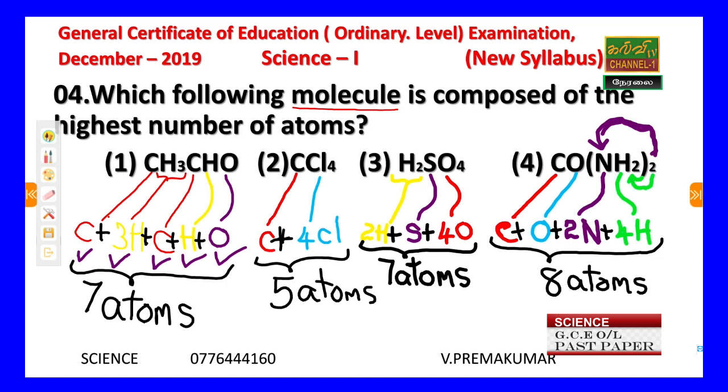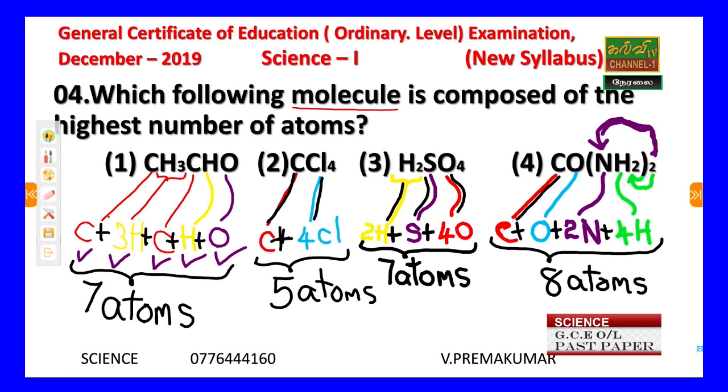Now see the screen. What is CH3CHO? It has 2 carbon, 4 hydrogen and 1 oxygen. Second answer is 1 carbon and 4 chlorine. Third answer, 2 hydrogen, 1 sulfur and 4 oxygen.